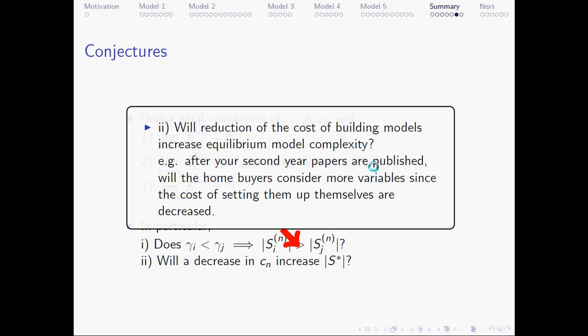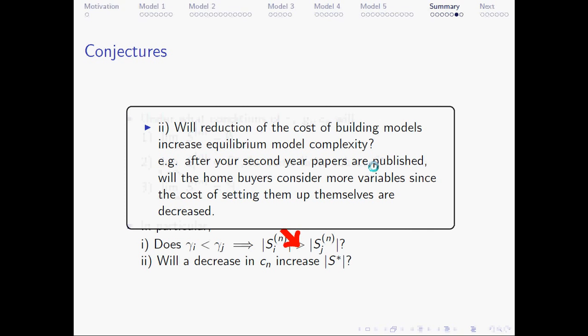So for example, after the second year, once papers are published, that home buyer who thinks about a lot of things would use those information, because the cost of setting the models themselves has decreased. The wording is very bad.